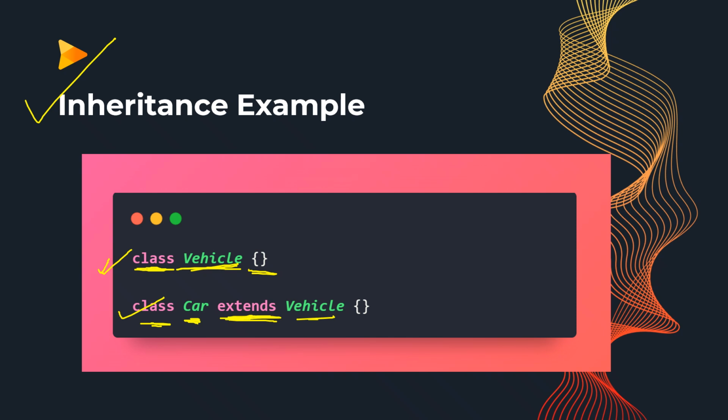So now Car will inherit all the properties of the Vehicle class. Consider that we have given variables and methods in this Vehicle class, then we can access all these methods and attributes of the Vehicle class in this Car class, because this is the child of the Vehicle class.